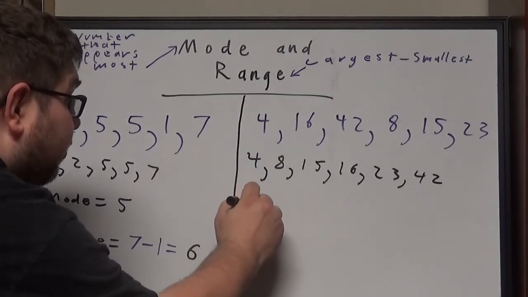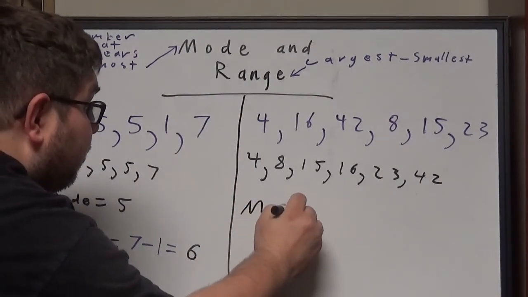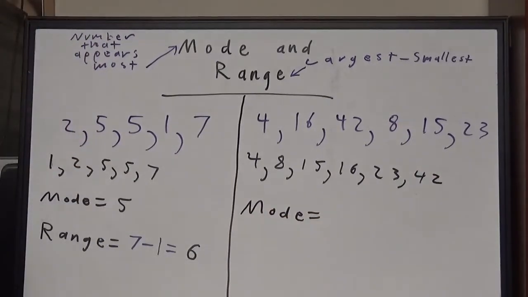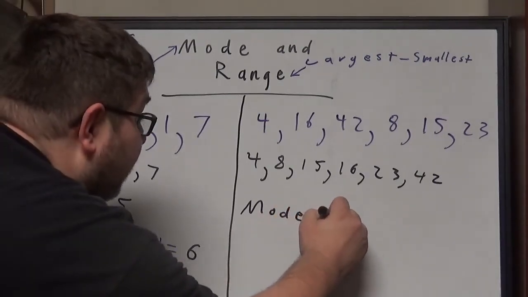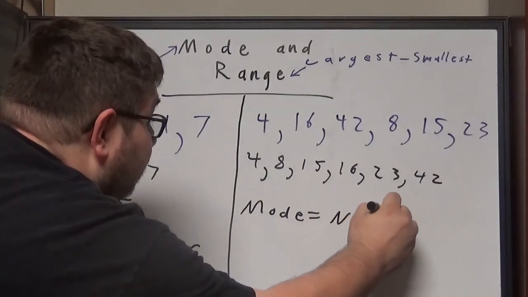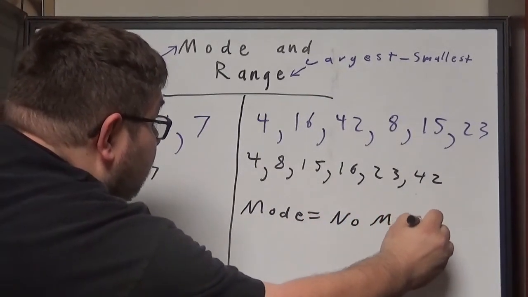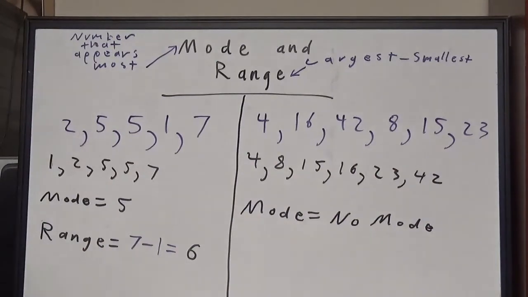If you look, you don't see any numbers that repeat. If none of the numbers repeat, if you don't have a number that shows up more than the rest, we're just going to call that no mode. And that's okay. You can put no mode, or you can put none.